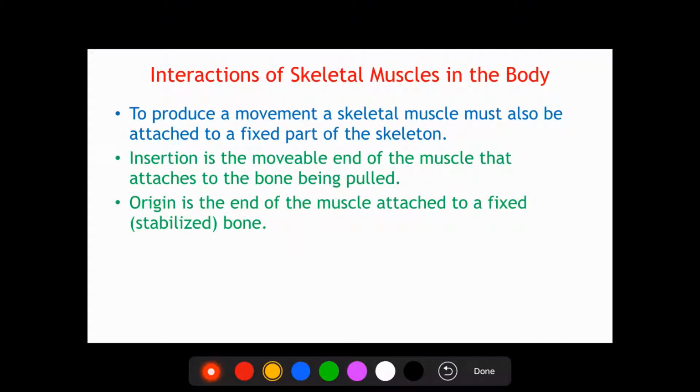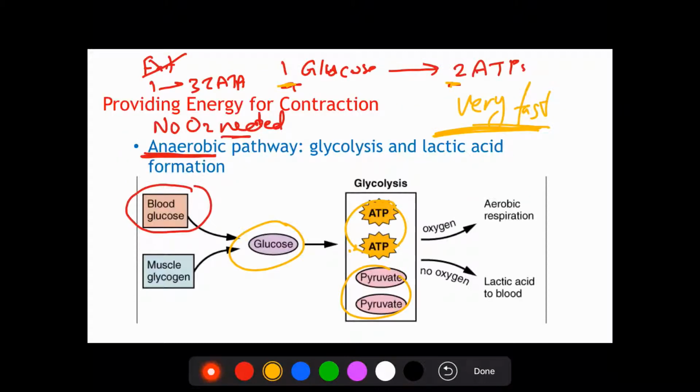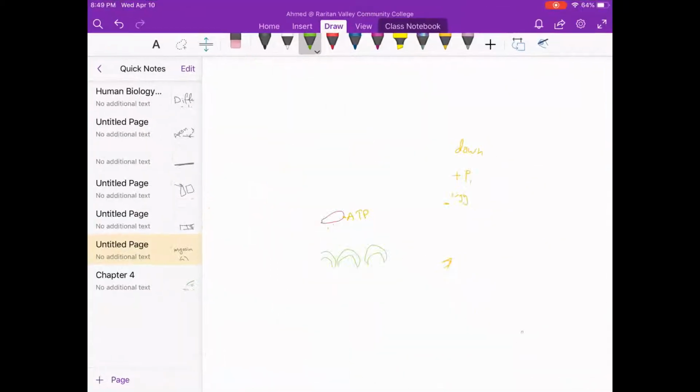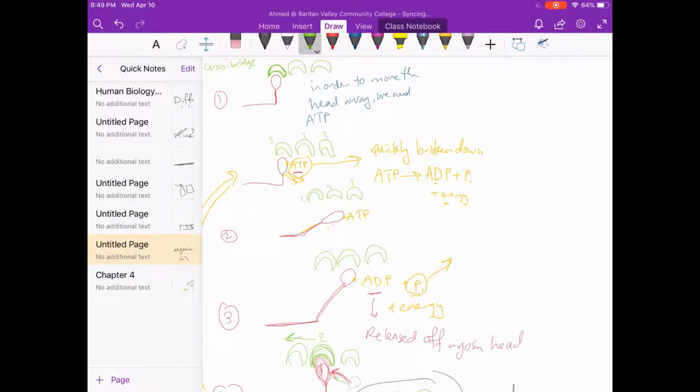Now, if you might ask about muscle spasms or muscle cramping, it's simply a result of lack of ATP. So if there is no more ATP, what happens is that we can't break the cross bridge.